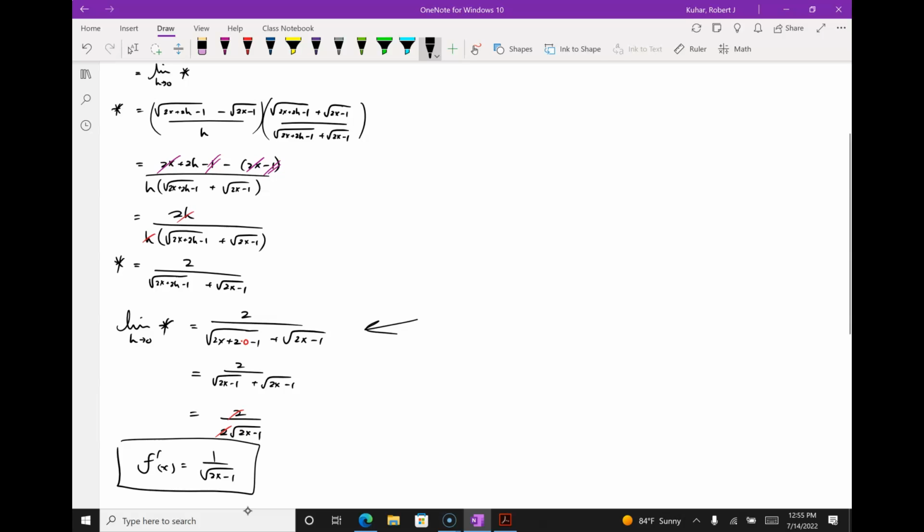You're looking here, right? Okay. So I have 2 times 0, so that's gone. This piece is gone, right? Yep. So I have a radical with the 2x minus 1 plus another radical with the 2x minus 1. So I have 2 radicals. So there it is. 2 times the radical 2x minus 1. That's right. Yeah.